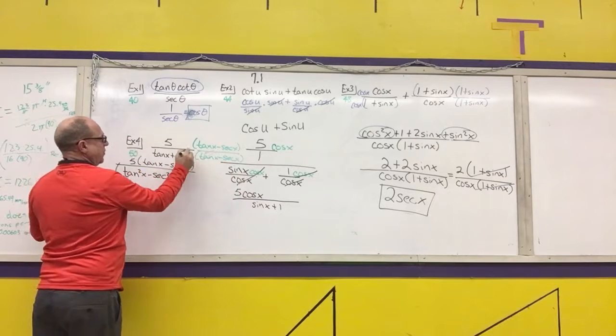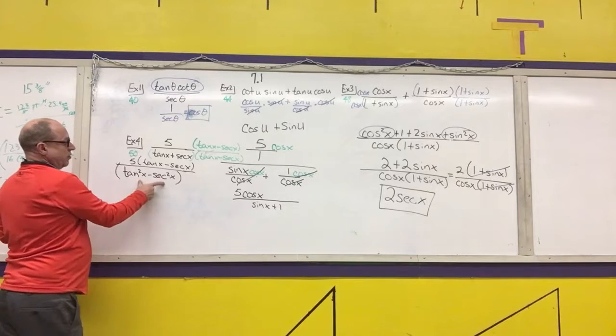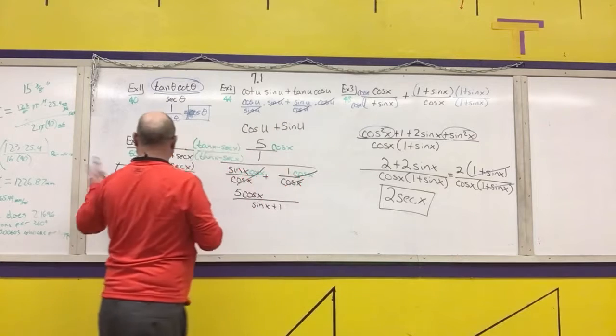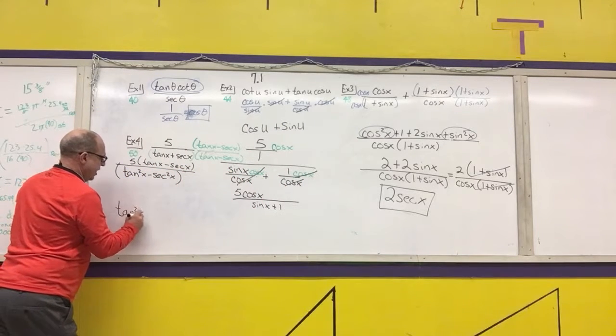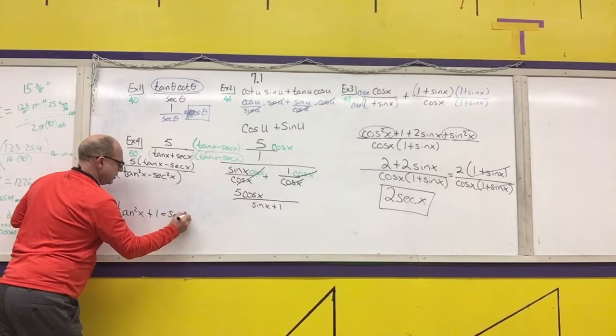This is a difference of squares pattern. First term squared minus last term squared. This one right here, we have a number for. We know that, I'm going to write it down here, that tangent squared x plus 1 is equal to secant squared x.